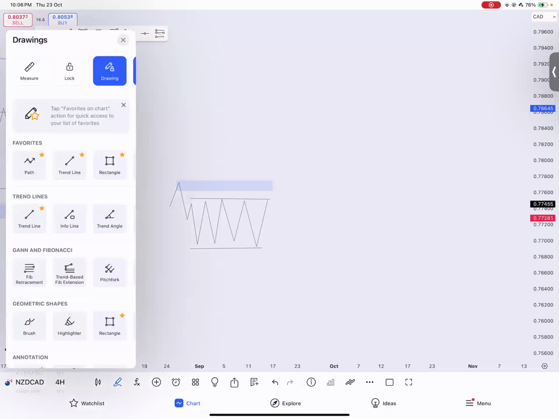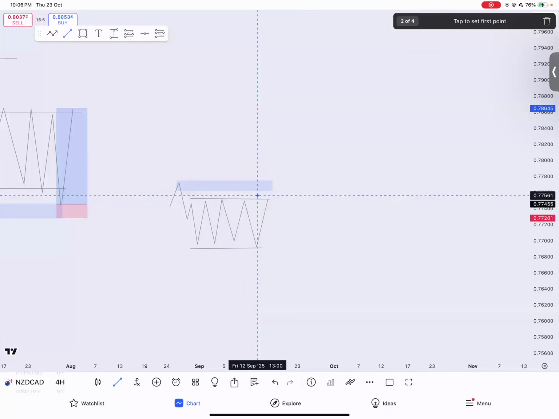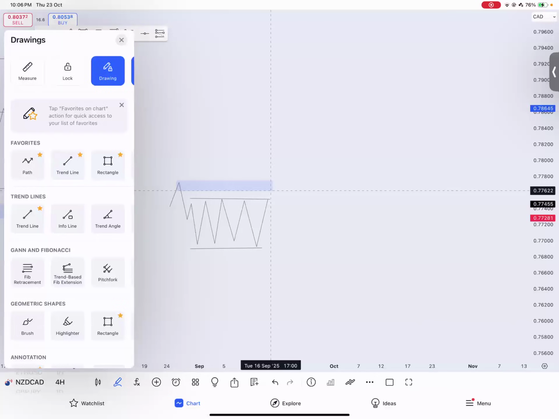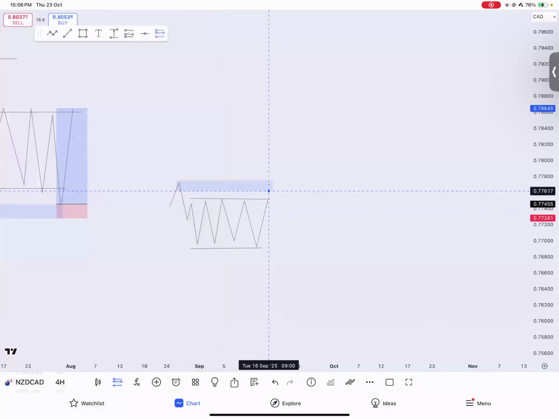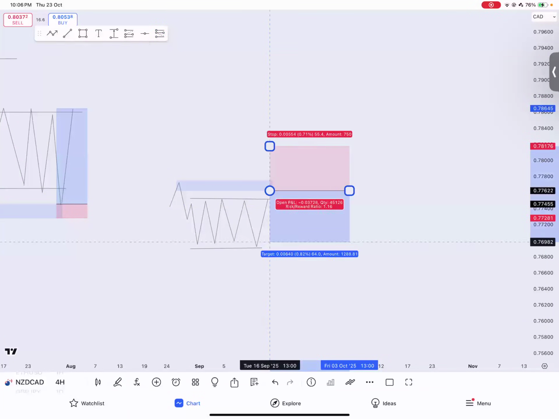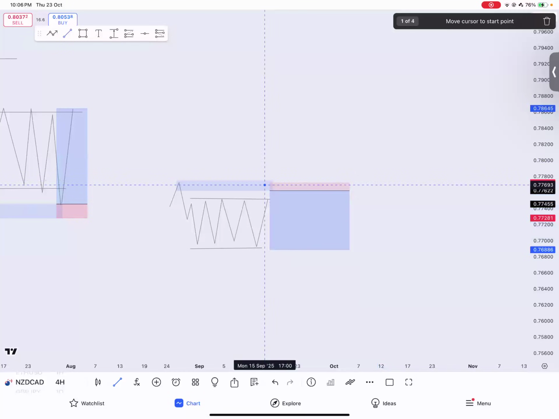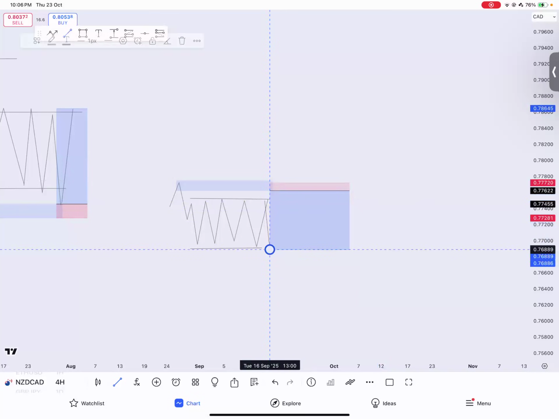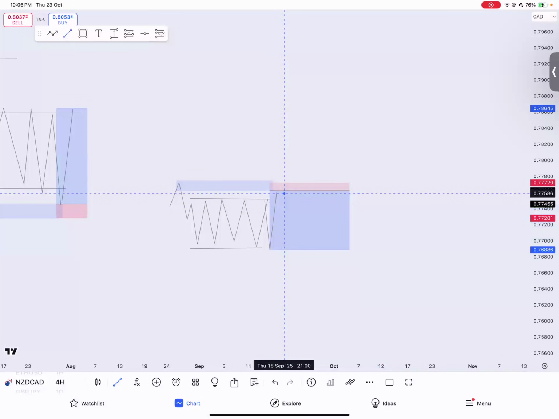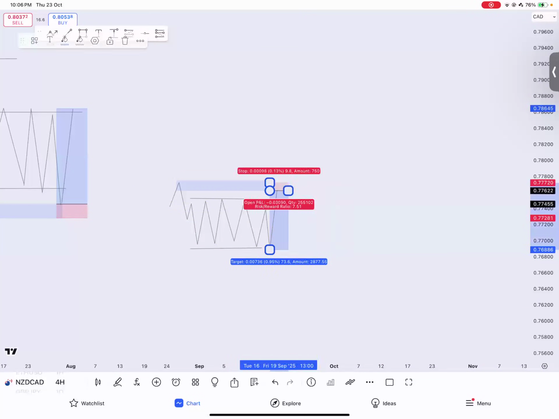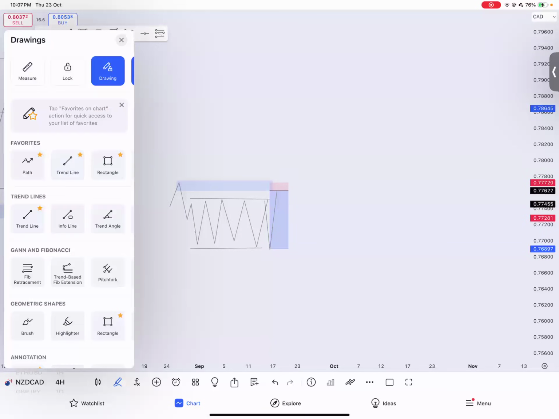So market is going to keep ranging until it takes out liquidity on the opposite side of where the market is meant to go to. So market is meant to sell. So it's going to take out liquidity on the opposite side first, which is on the upside. So market is going to range till eventually it takes out this high and triggers your point of interest. And where it's going to go next is the other side of the range, which will be down here.